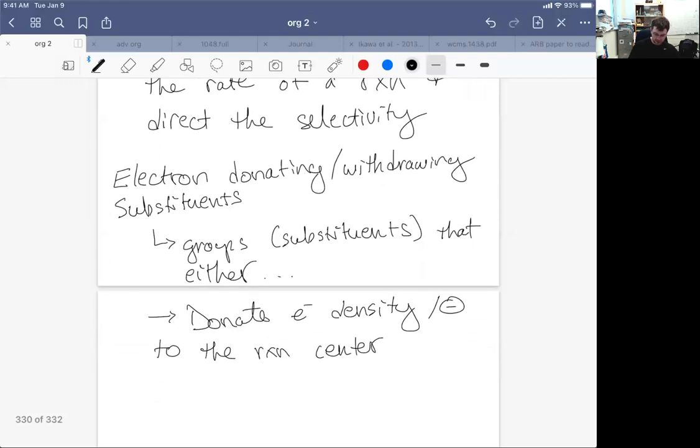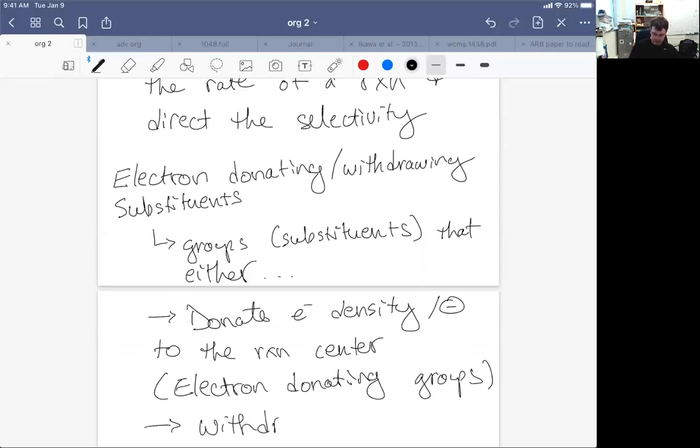And these are our electron donating groups. This is in contrast to those that withdraw electron density, or add a positive charge.